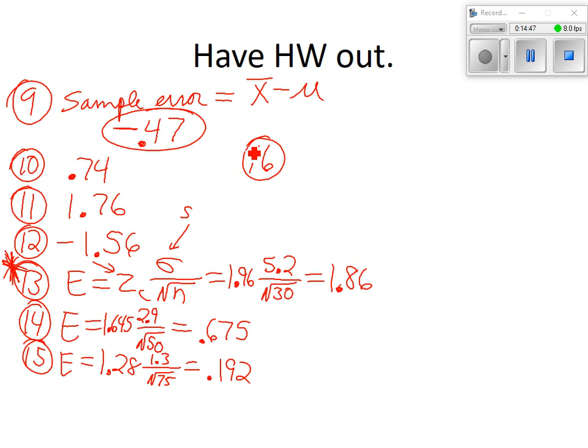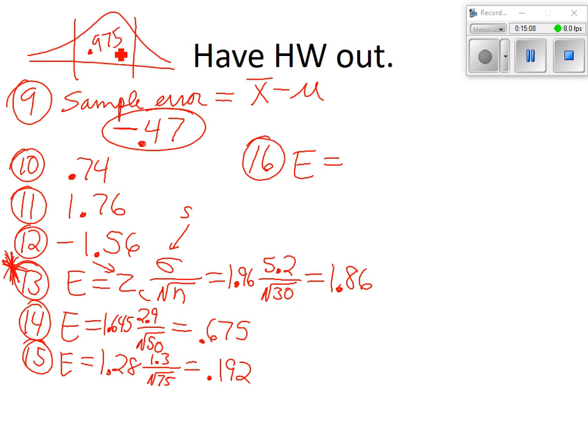Ben, you got something. 16. Yeah, this time the critical value, they told us 0.975, and that's not on our little chart.